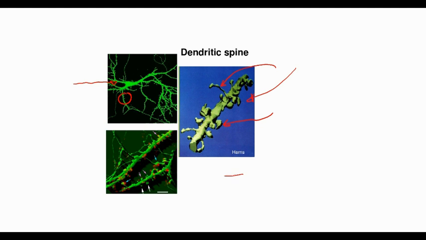You can see here another example where you have this protrusion, and in red you can see where you have a presynaptic terminal, where you have a connection to another neuron. So you have here an example of a beautiful spine with a head and a long neck, and it connects with another neuron.